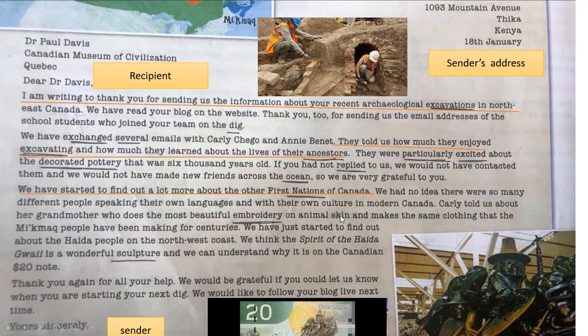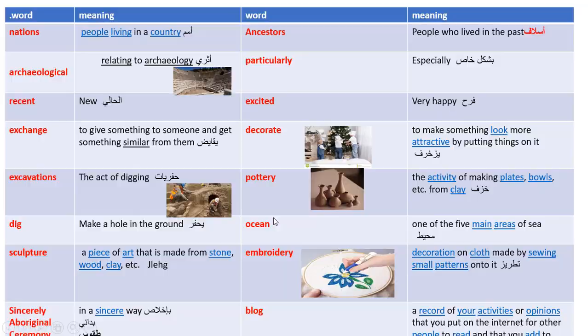What can you see on the animal skin? What did people do? So embroidery, look at the picture here. Decoration on cloth or skin made by sewing small patterns into it.